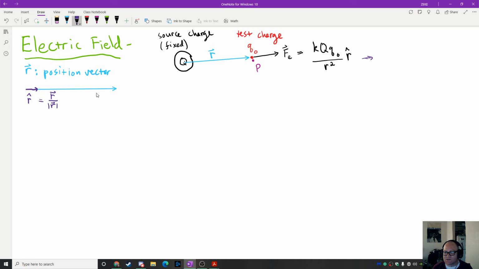If I take the ratio of the force divided by the test charge, what that ends up being equal to is K times capital Q divided by r squared, multiplied by r hat.